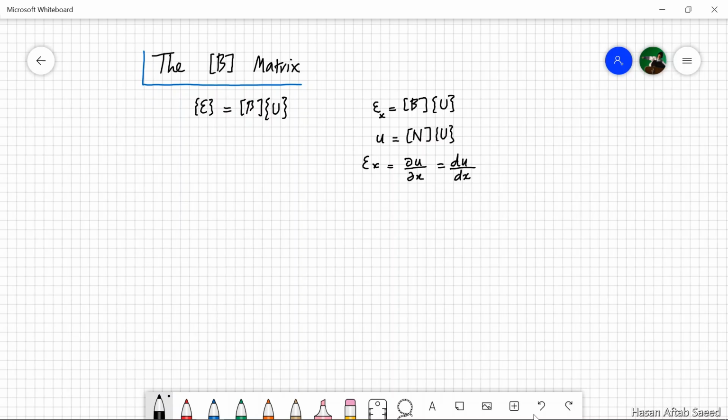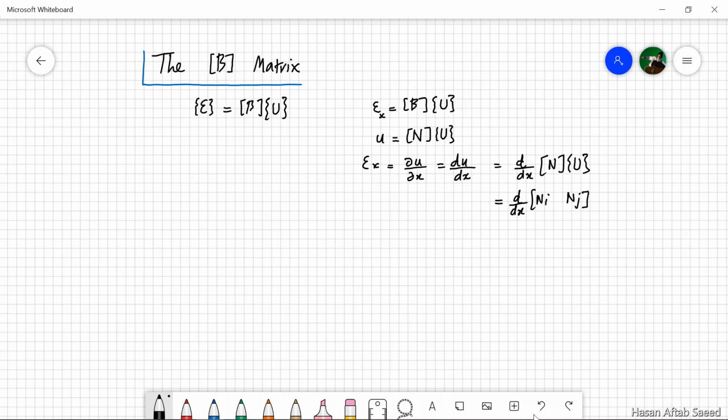Now, we know the value of u, that is N, d over dx, multiplied with the nodal displacement vector. Now, putting in the values, d over dx, two shape functions Ni and Nj.